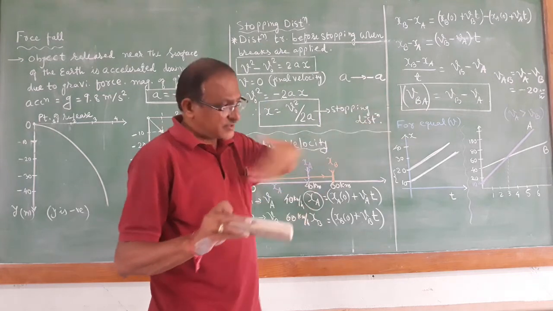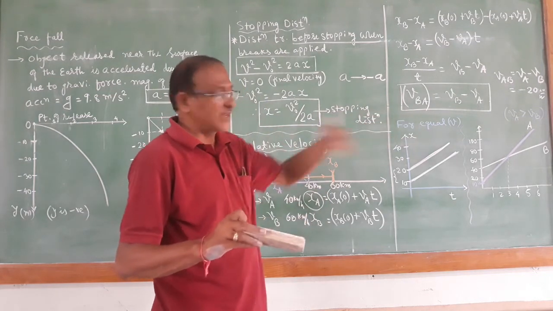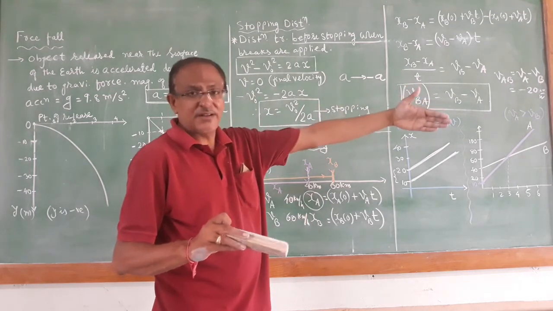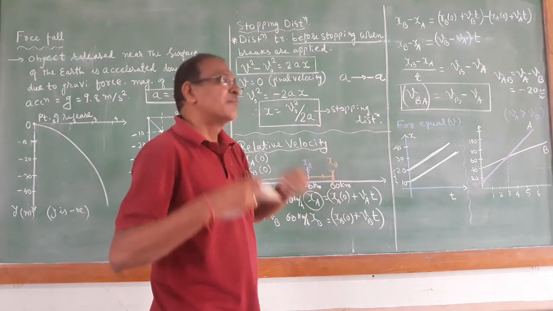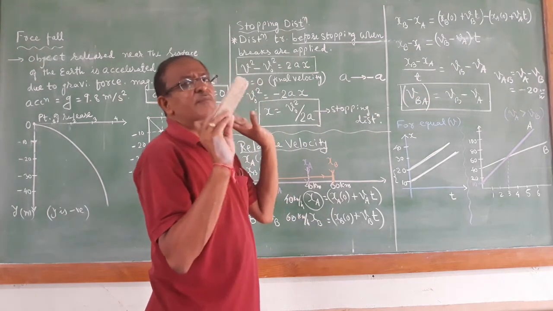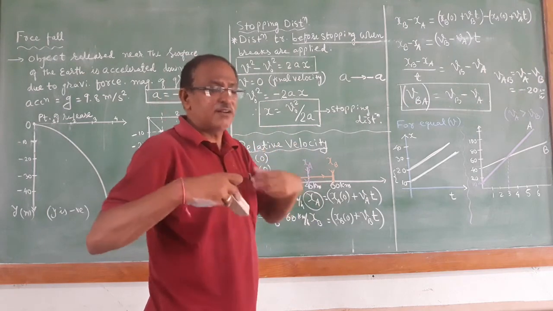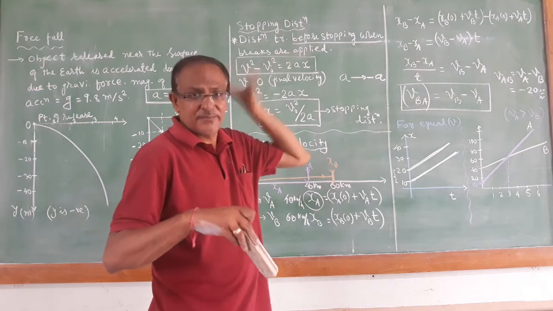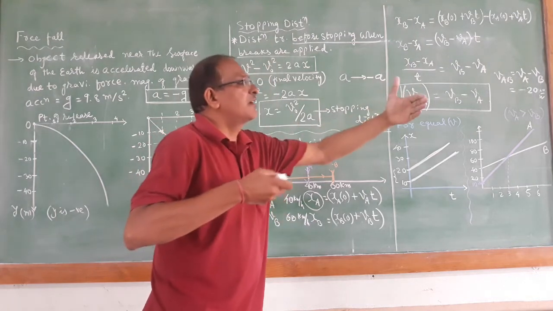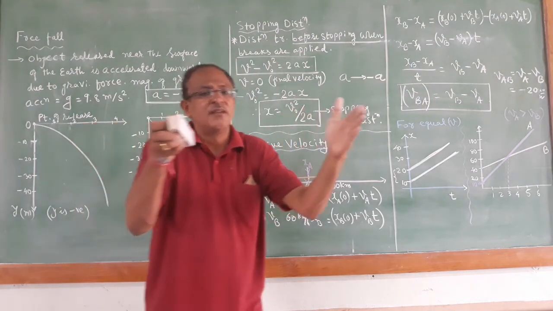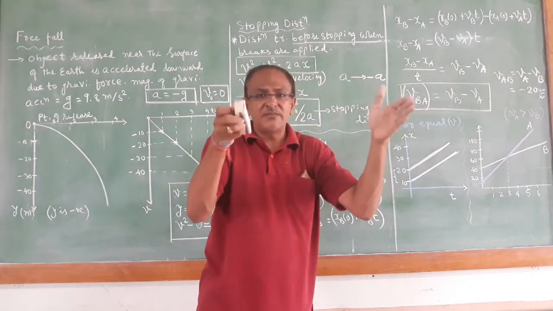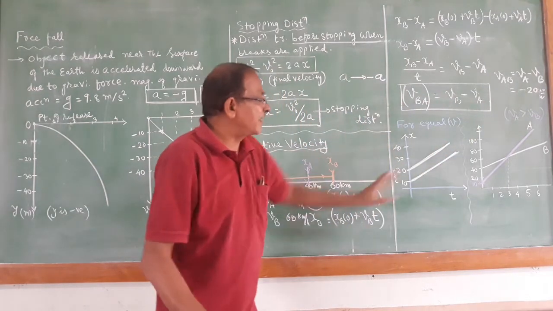What is the distance between us? Relative distance. I am on 10, my friend is on 20, so the relative distance is 10. Both are moving with the same velocity: magnitude of speed is the same, direction is the same. Then the distance between them will be maintained at 10.